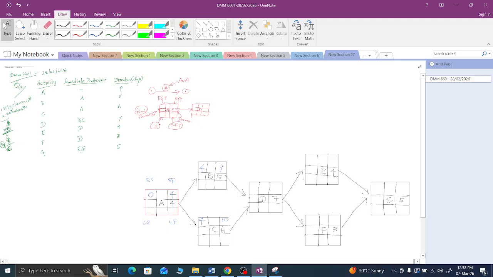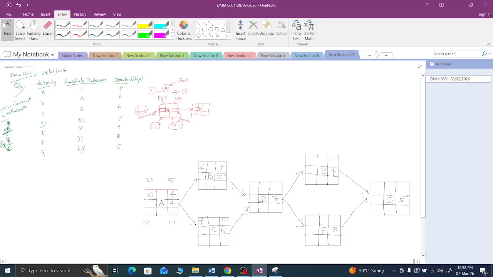Now at this point, look carefully, right? In this position, after completing these 2 activities, you are going to start D. So what is the starting date? The starting date is the final date. This is the 9th day, this is the 10th day. After the 10th day, after C only, you can start this.